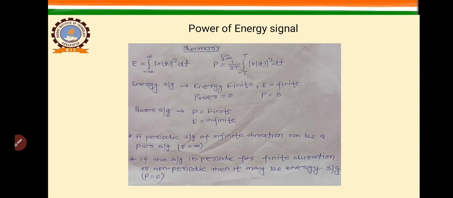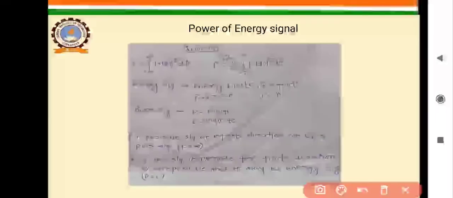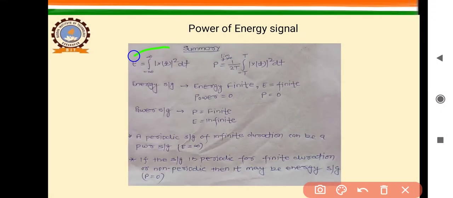So, by using these two formulas, we can identify whether the given signal is an energy signal, or a power signal, or neither an energy signal nor a power signal.